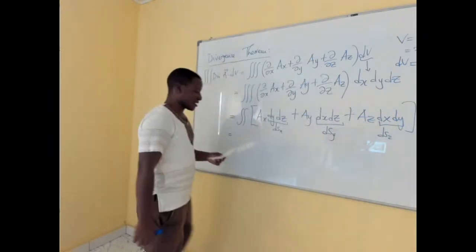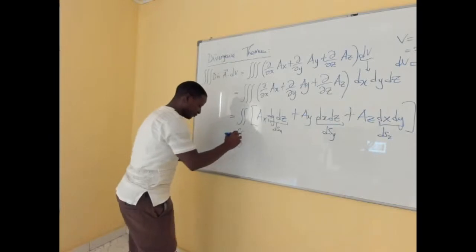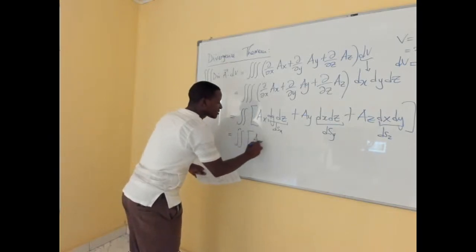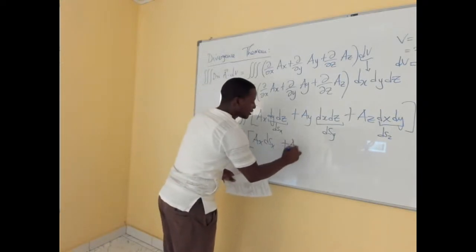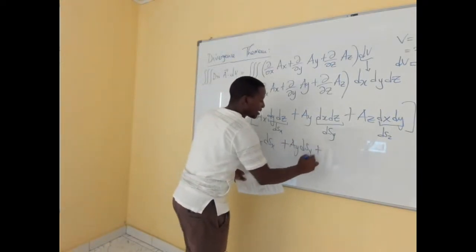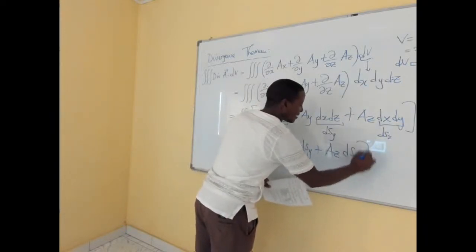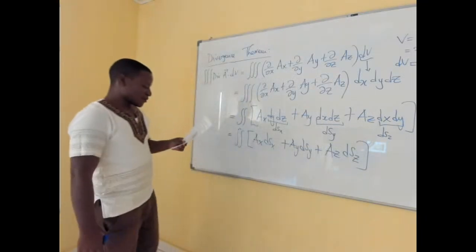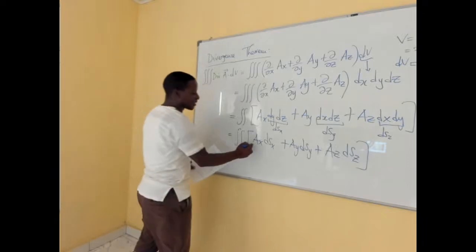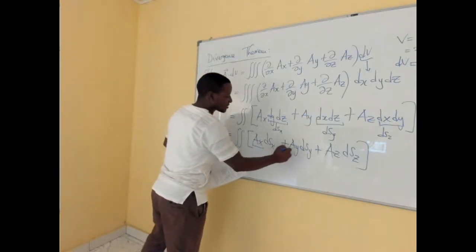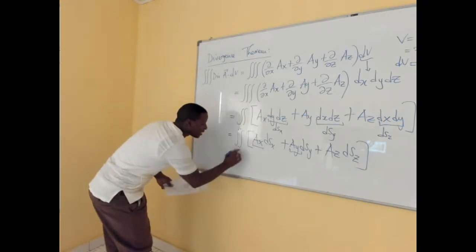So immediately we make that substitution, and what we get is Ax into dSx plus Ay into dSy plus Az into dSz, right? So immediately we now have to factor out these A components and multiply them to a vector.